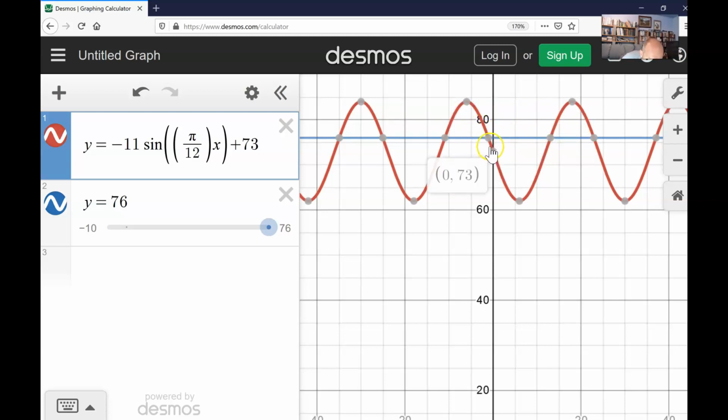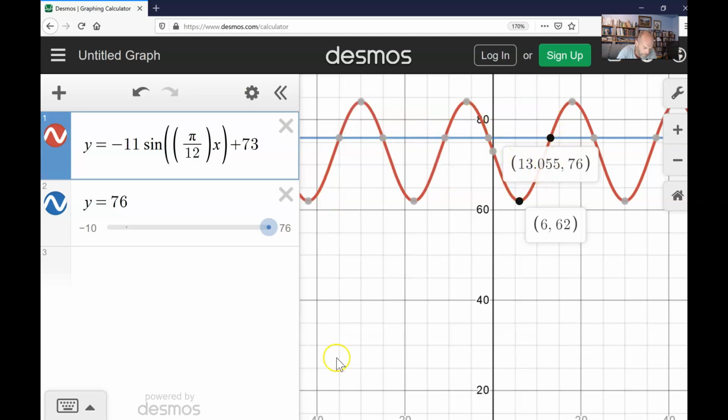So this distance right here, from there to there, is the same as from here to there. Again, the symmetry is important.